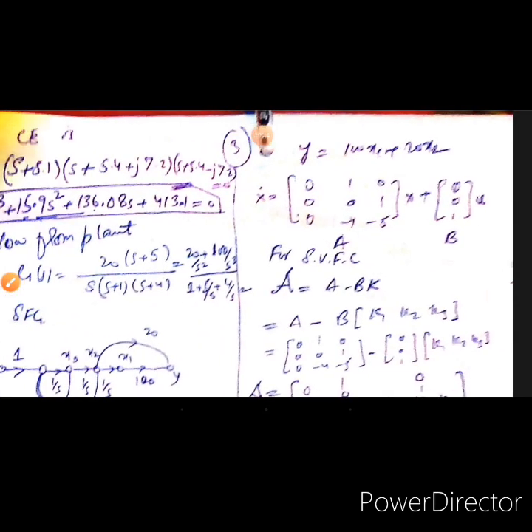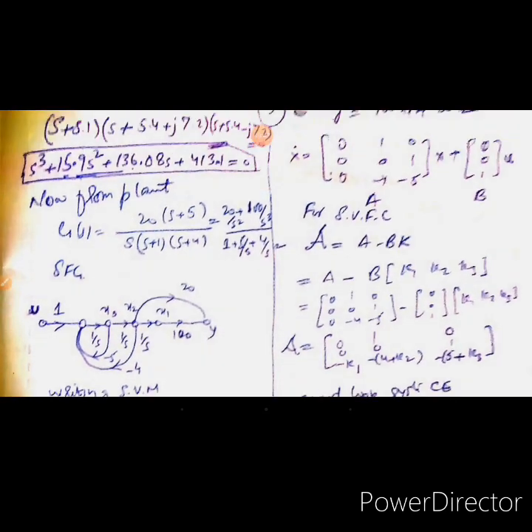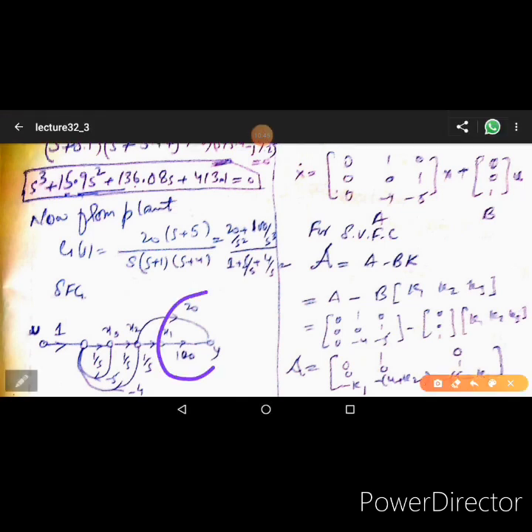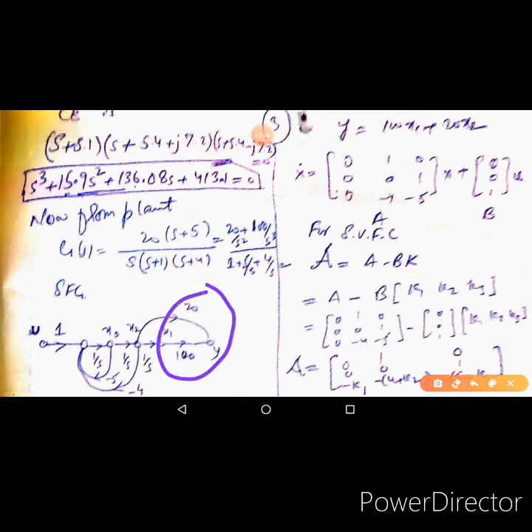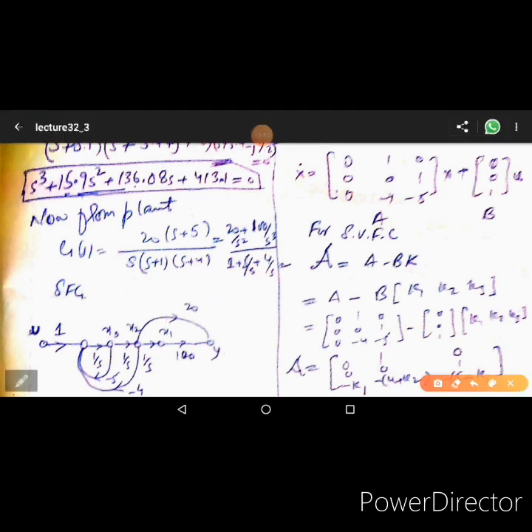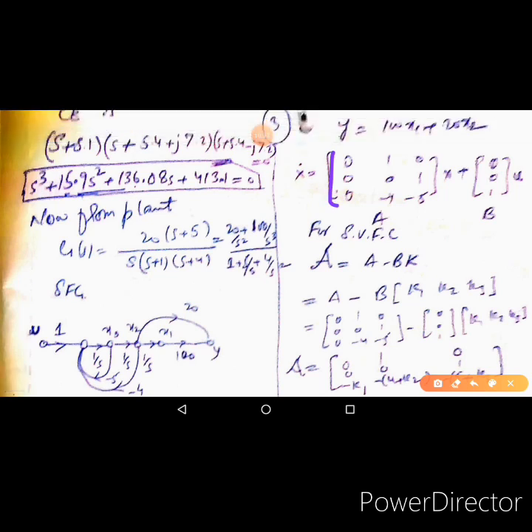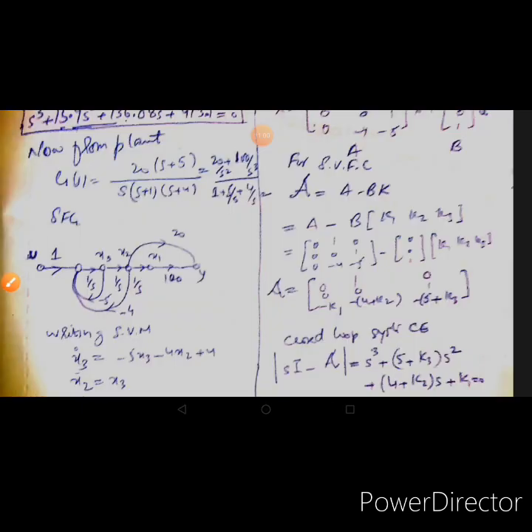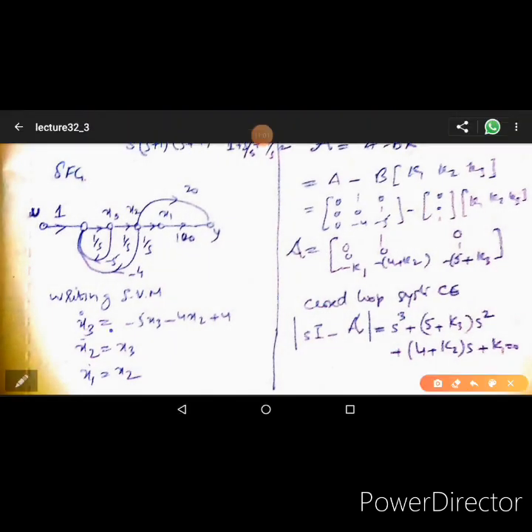Then the output. As far as the output is concerned, if you look at this, this is 100x1 plus 20x2. That is exactly what is written over here. So we write it in the form of a matrix, and we have this. If you look at the first state equation, there is no x1 over here, no x1 here, no x1 here.